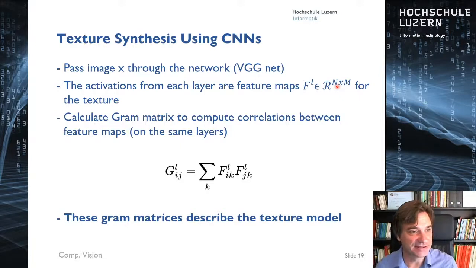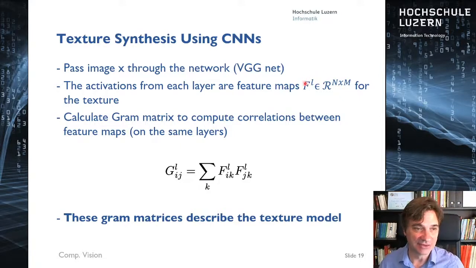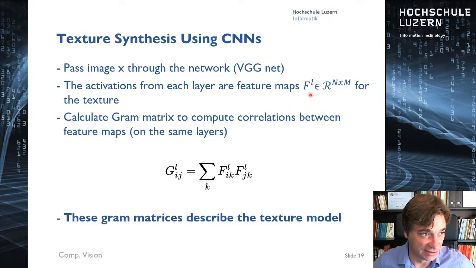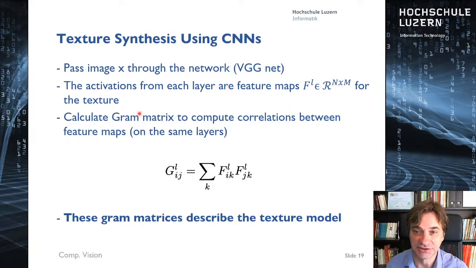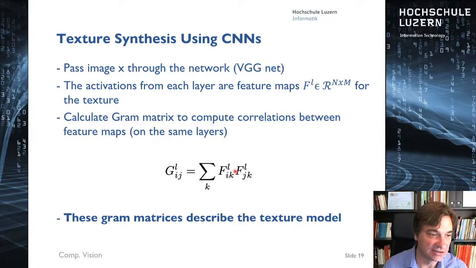And now they found it's not the best to use the feature vectors directly, but we calculate the Gram matrix to have the correlations between the features. This Gram matrix is a matrix that describes what this layer does, and it's just the sum of the dot products between different feature vectors on that layer.